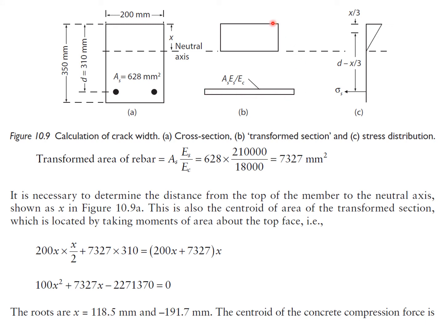Now we're going to take moments of area about this top face here. So the width 200 times x is that area, multiplied by the distance from here to the centroid of that area, which is x over 2, plus this area times that distance, which is 310 millimeters, that's the effective depth, is equal to the combined areas, so that's 200x plus 7,327 multiplied by the depth to the neutral axis.